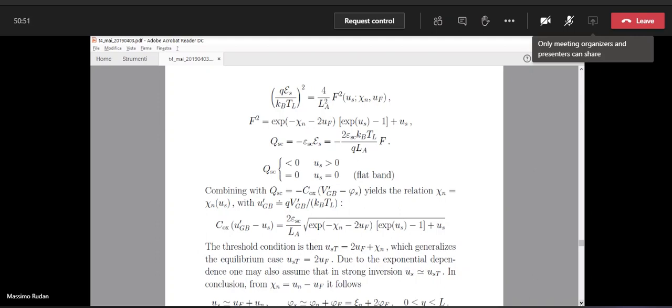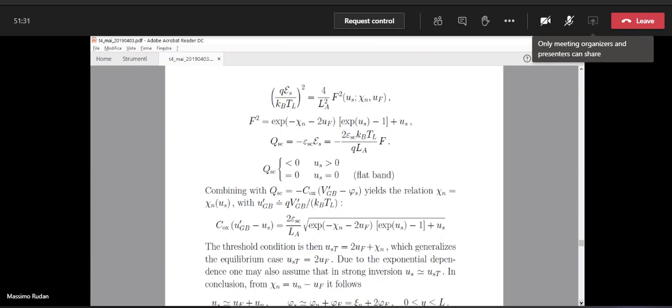Of course, the semiconductor charge is negative because it is made of the two contributions from the electrons of the inverted layer, which are negative, and the dopant that is also negative because it is made of acceptors. So in this case, we have only the minus sign. So QSC is minus that coefficient times F. You see immediately that when US is 0, F is also 0.